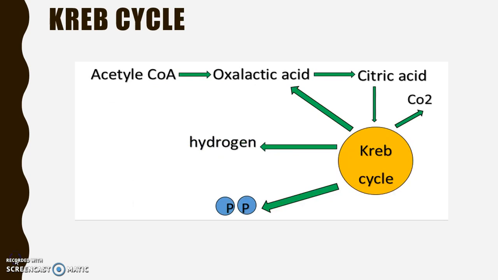This acetyl coenzyme A combines with the oxaloacetic acid to create citric acid. This citric acid then feeds into the Krebs cycle, where it can produce the byproduct of CO2, which is exhaled, 2 phosphates, which are used for resynthesis of ATP, hydrogen, which is used for the next part, and it produces more oxaloacetic acid because it reproduces itself.